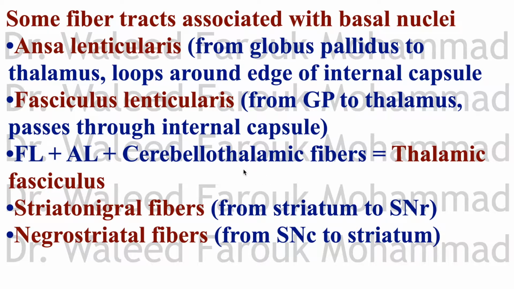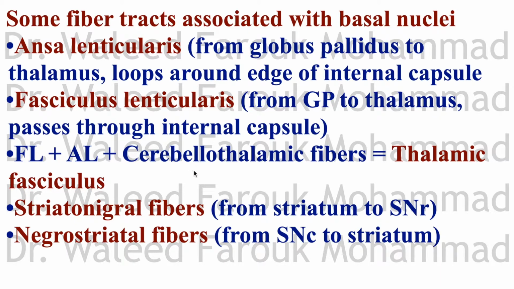Some fiber tracts associated with the basal nuclei: the ansa lenticularis comes off from the globus pallidus and goes to the thalamus. It's part of the thalamic fasciculus. It loops around the edge of the internal capsule. There is another fasciculus called the fasciculus lenticularis, also from the globus pallidus to the thalamus.